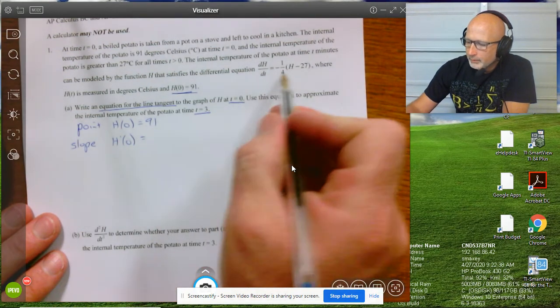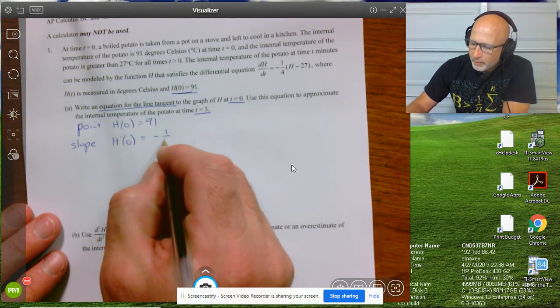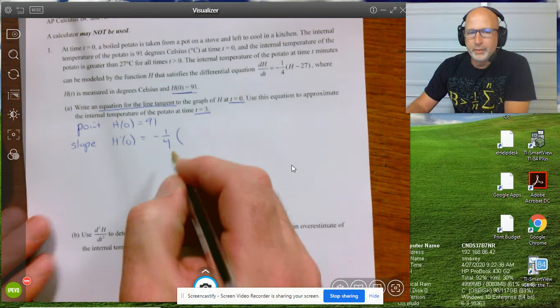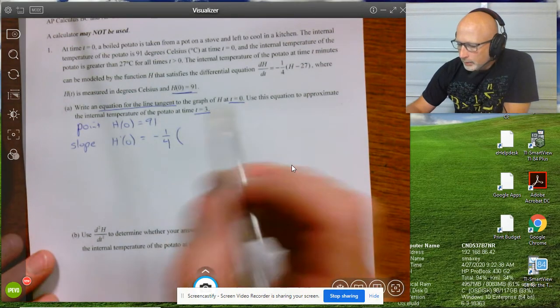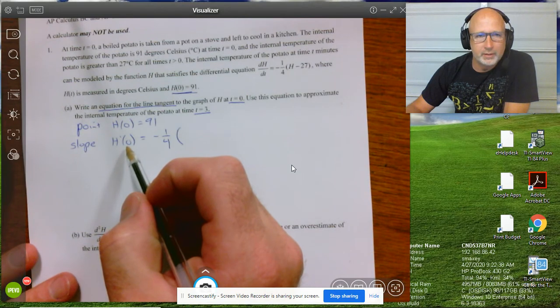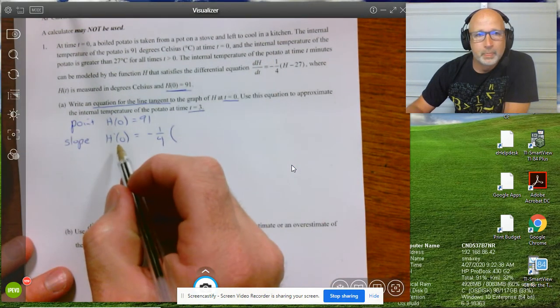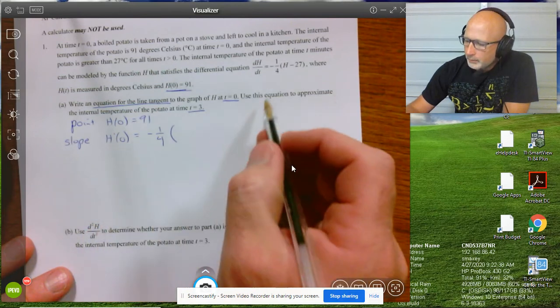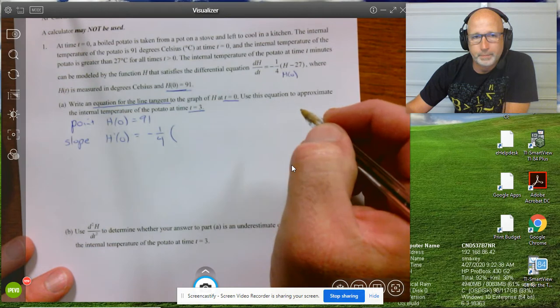Well, h prime is this thing up here. So this is equal to negative 1/4 times... Now, this is tricky. I'm plugging in 0, but 0 is for t. T is your parameter. So when you plug it in to this equation, that's like finding h of 0.